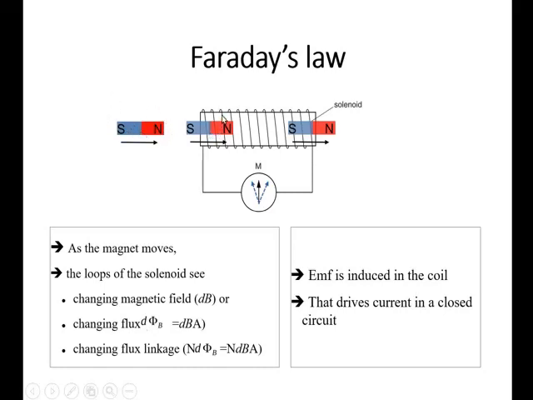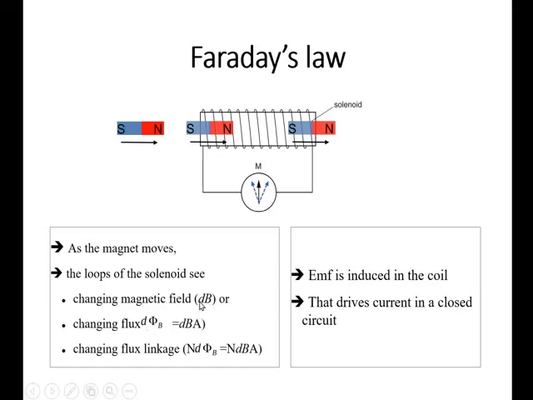As it enters, the coils see the magnetic field as if it is changing, and from there we can determine the changing magnetic field. And as it sees it, it responds by generating an EMF that drives current through the meter here.